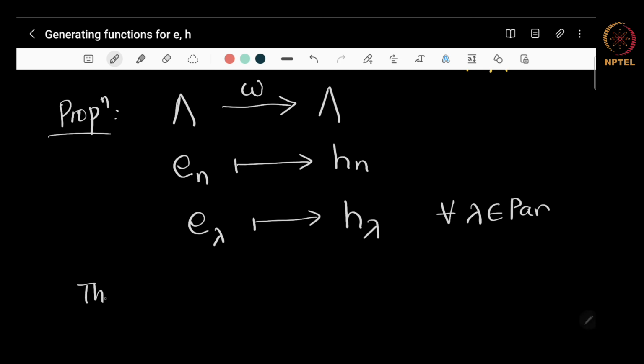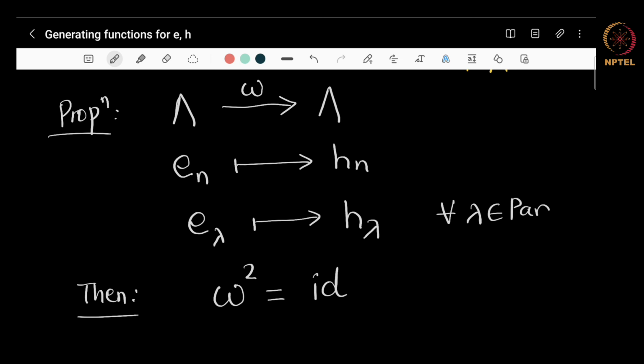Then, if you take this map and do it twice, omega squared is in fact the identity map. Okay, and why is that? In order to compute omega squared, you first have to write the h lambdas in terms of the e lambdas, then apply the map omega again. But because of the symmetry, when you write h in terms of the e's or the e's in terms of the h's, the formulas look the same.